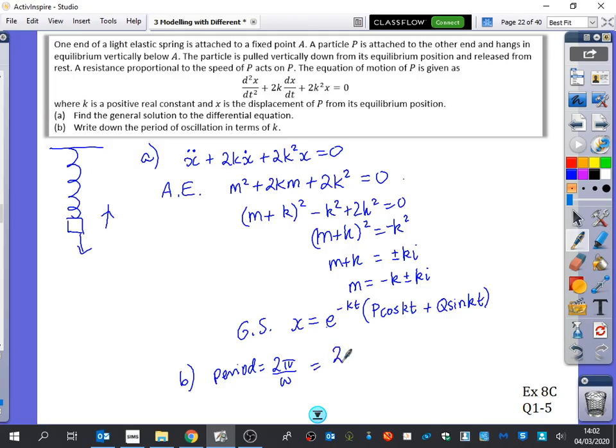Isn't it omega squared x? That's what I'm thinking, because of the 2k squared at the top. No, because it's damped.